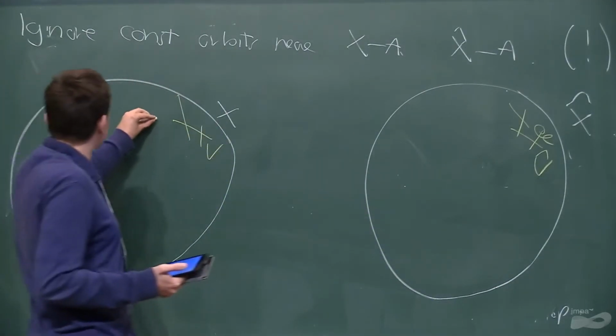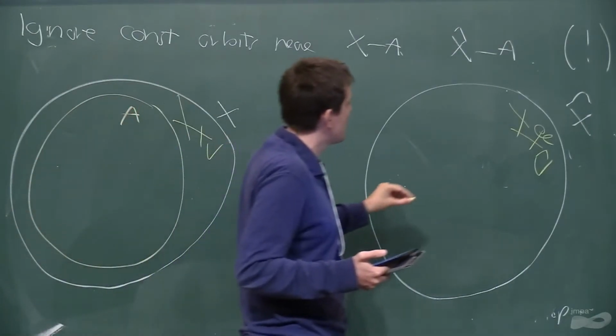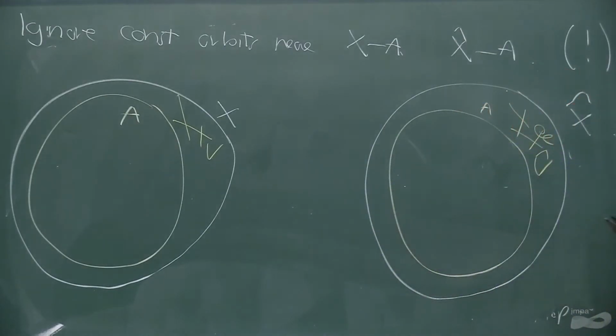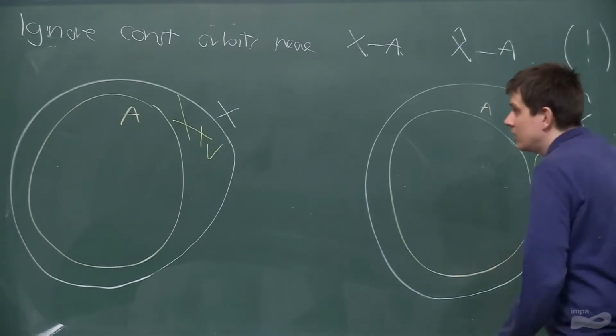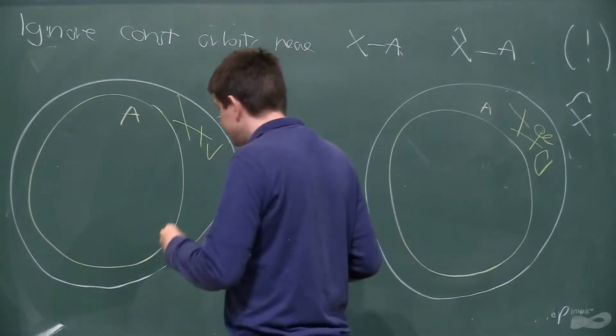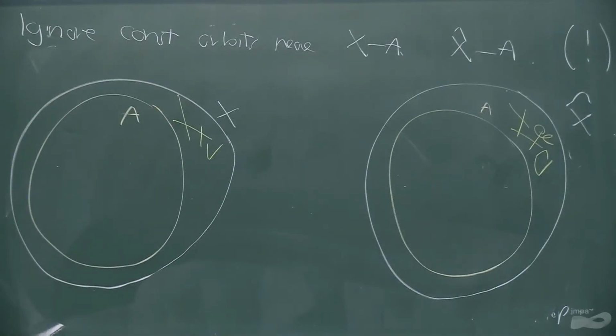So we had A here and A here, like this. And then you look at what are the orbits of this Hamiltonian.